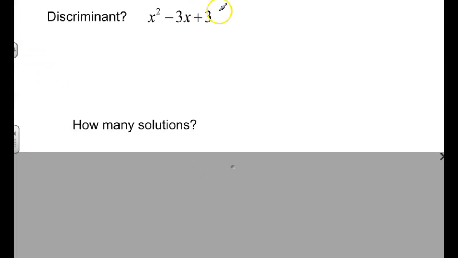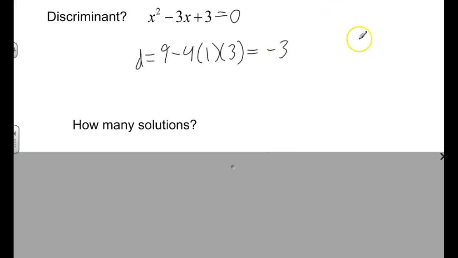Let's try this one. So let's set this equal to 0 first of all, so we have an equation. So let's figure out the discriminant. Again, it's pretty quick. Discriminant equals b squared, which would be 9, minus 4 times a times c. 9 minus 12 is negative 3. Well, that's interesting. So in the context of the quadratic formula, we're going to have the opposite of b over 2a plus or minus the square root, all over 2a. If we have inside of here a square root of a negative, what would happen?